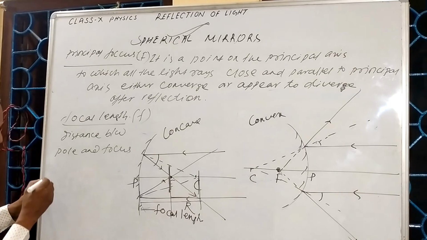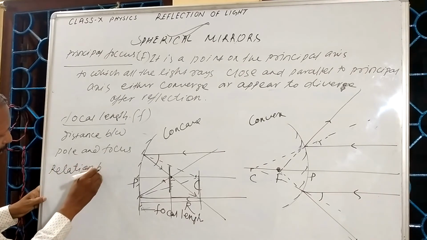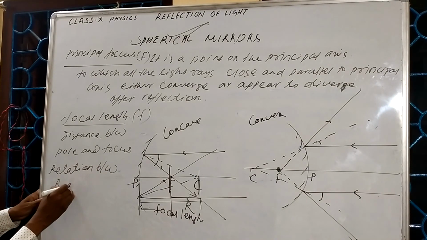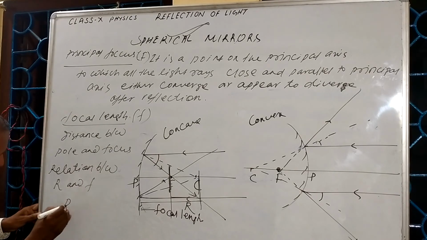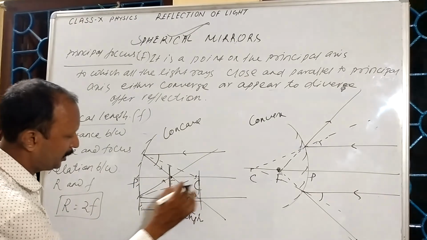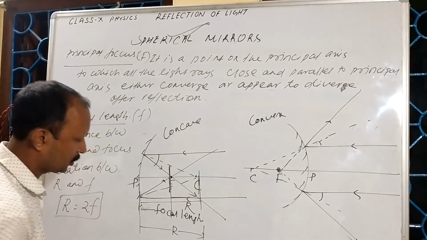Then I can say the relation between R and F: R is 2 times F. That means P to C is the radius of curvature. This is the radius of curvature.